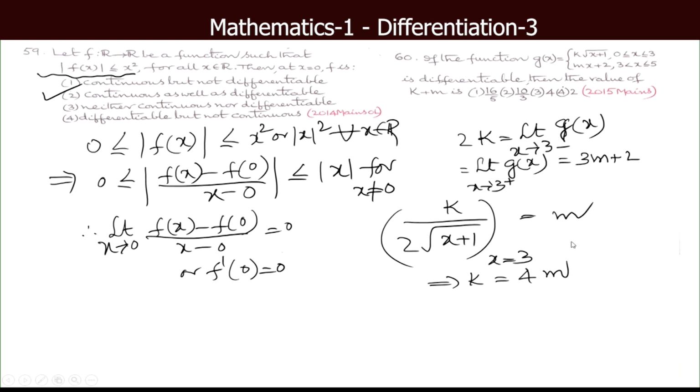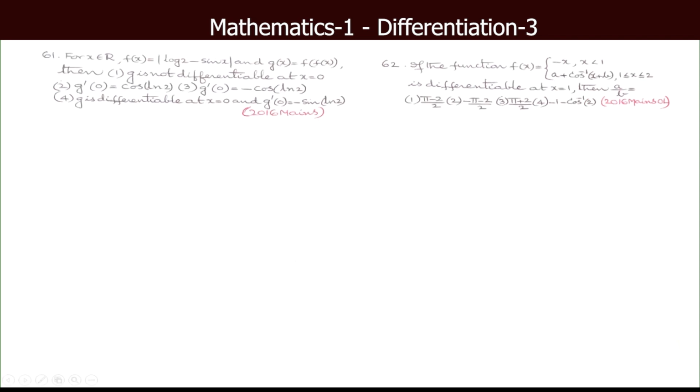When k equal to 4m, 8m equal to 3m plus 2, 5m equal to 2, m equal to 2 by 5, and k equal to 8 by 5. So, what is k plus m? 8 by 5 plus 2 by 5, 10 by 5, that is equal to 2. So, the value of the sum k plus m is 2, which is the fourth option.